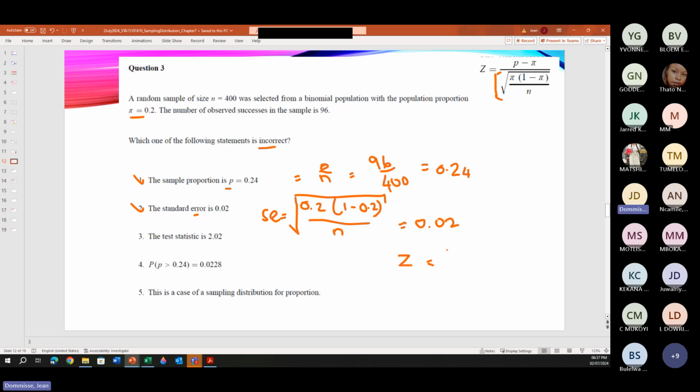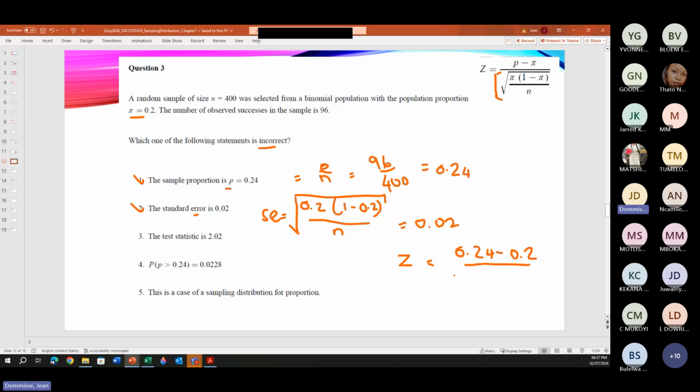Z is equal to P minus, so we've got 0.24 minus 0.2, divided by, and at least now we already worked out that standard error, so we don't need to work it out again. It's 0.02.